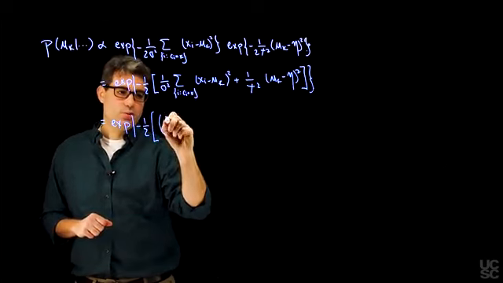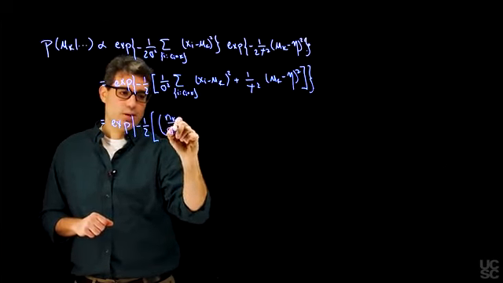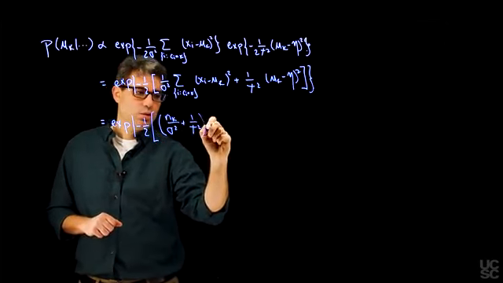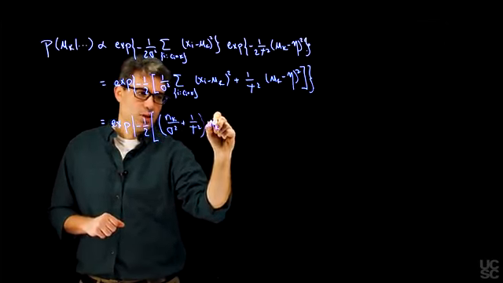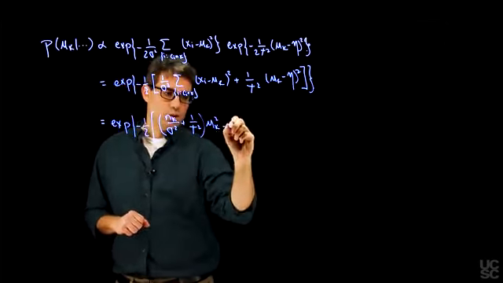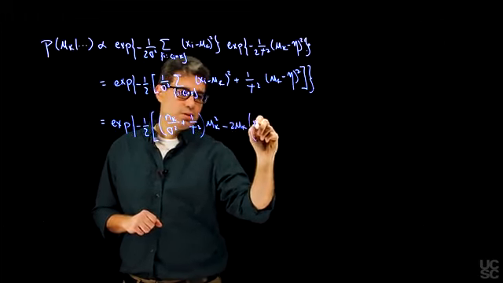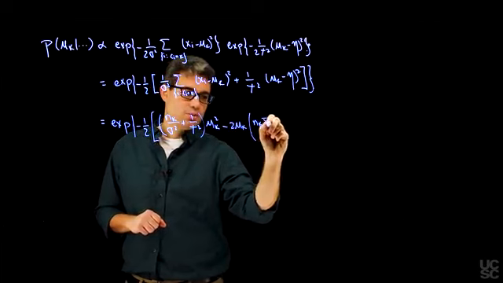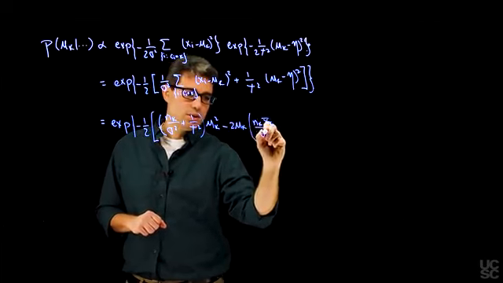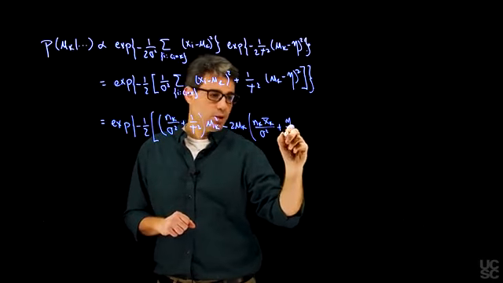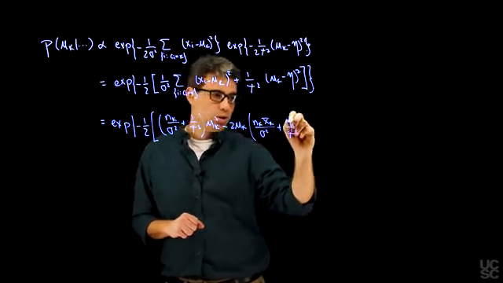So we're going to have n sub k divided by sigma squared plus 1 over tau squared multiplied by mu sub k squared. We're going to have minus 2 times mu sub k that multiplies n sub k x bar sub k divided by sigma squared plus eta divided by tau squared.